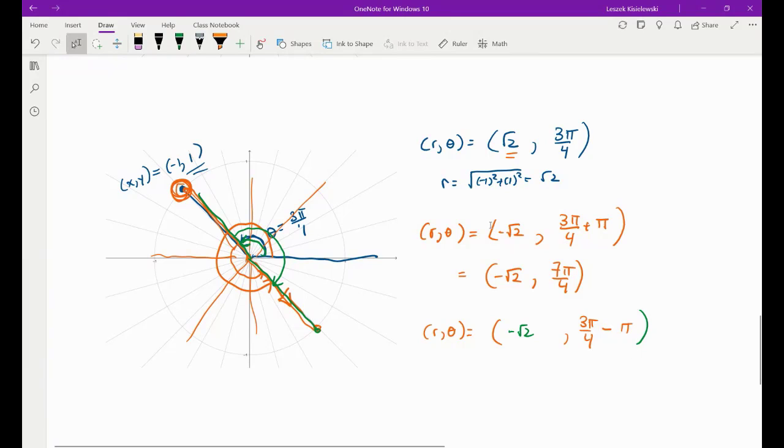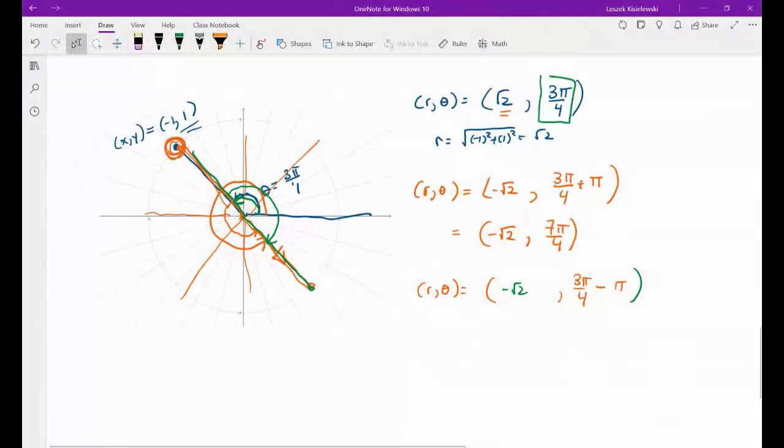To get 3 pi over 4, we add pi, right? No, we got 3 pi over 4 here just from our knowledge of the unit circle. That's just being familiar with the unit circle.